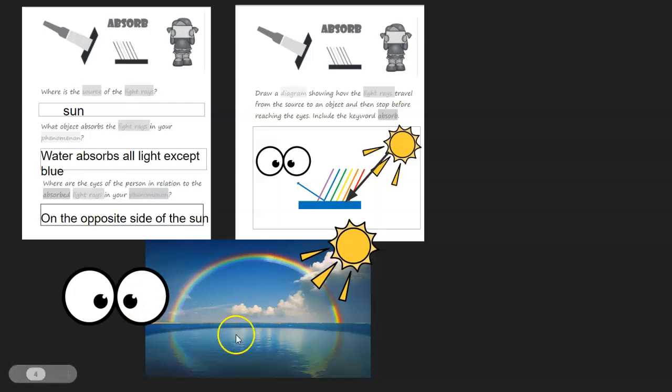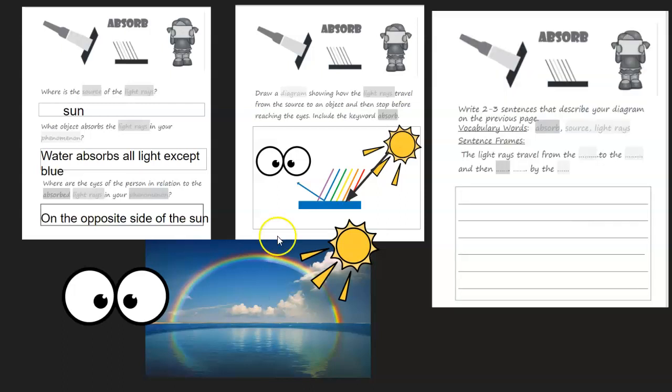Even though they're in the path, they could get there if they were being reflected, but they're not. All of these colors, just for the water, are being absorbed. For the rainbow, they're all being reflected in this water. The actual rainbow or the actual prism is a little bit different, but you can do that for your prism as well. These two pages I combine to make my writing.